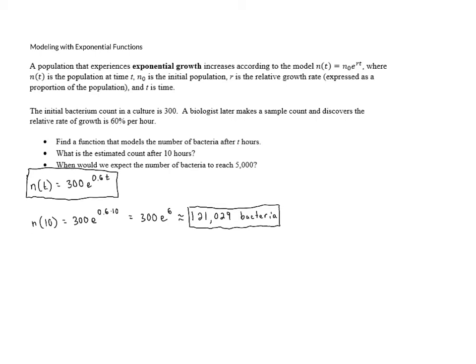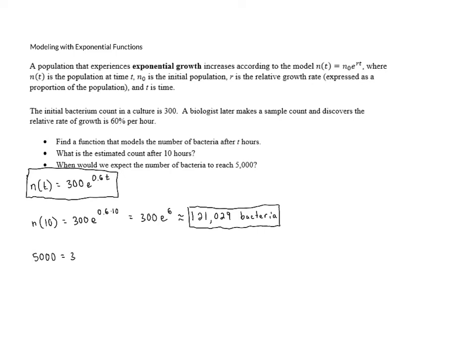Let's take a look at the third part of this problem. When would we expect the number of bacteria to reach 5,000? Here, instead of substituting in a value for the time and trying to find the number of bacteria, we're told what the number of bacteria is, and we need to figure out the time. So in this case, 5,000 represents our N(t).